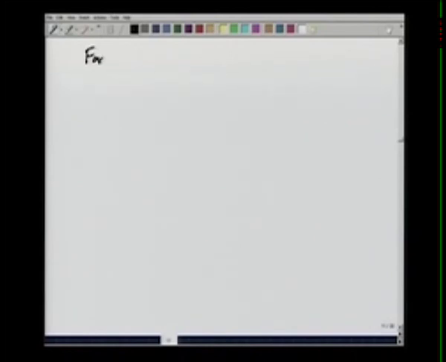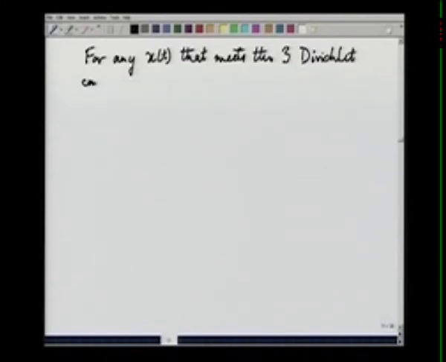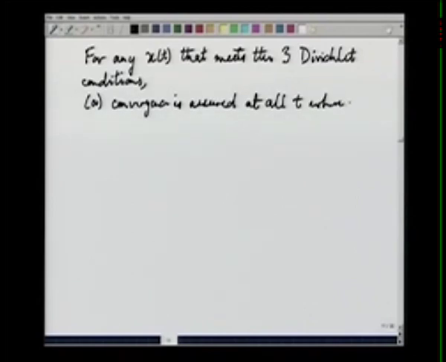For any x t that meets the 3 Dirichlet conditions, convergence is assured at all points t where x t is continuous.